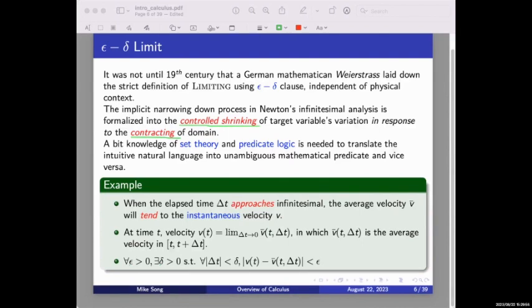And with the epsilon-delta definition of limit in mind, it can also be written as: for arbitrary epsilon bigger than zero, there exists a delta bigger than zero, such that for arbitrary delta t whose absolute value is less than delta, we have the absolute difference between v t and v bar is less than epsilon.